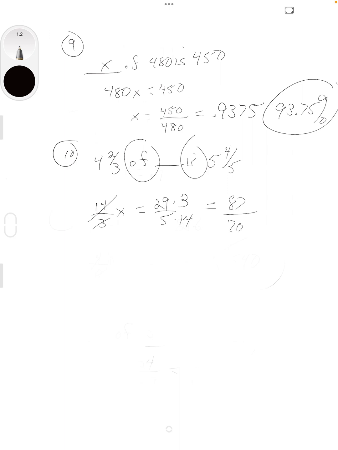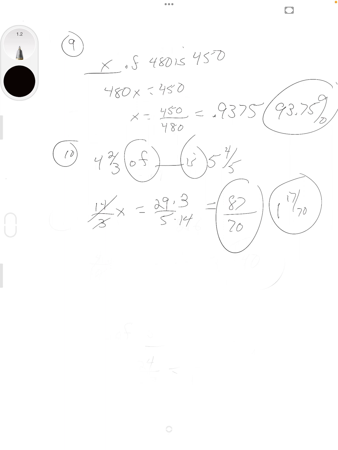The question is, 4 2/3 of what number is that? Well, that's the answer, 87/70. If I were to break this into mixed numbers, which I don't like to do, that's 1 17/70.